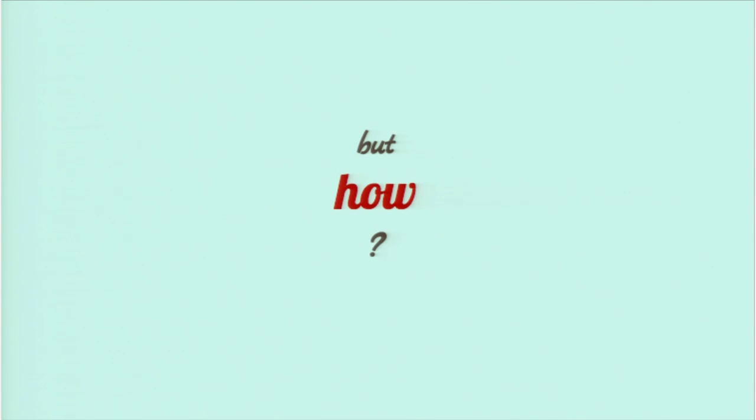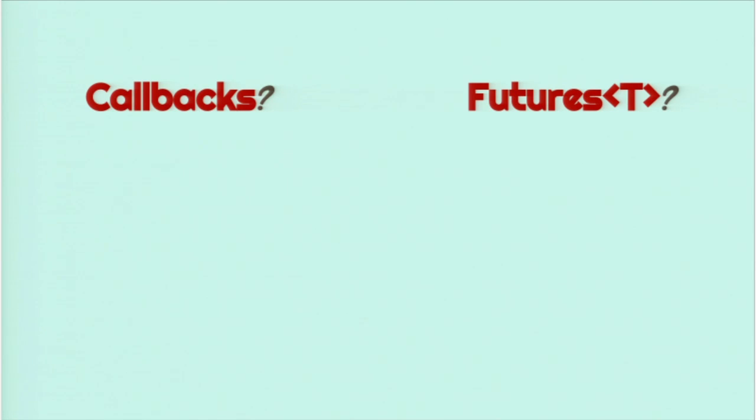So how can we do that? In Java, in the JDK, you have basically 2 solutions to write asynchronous code. You have callbacks and you have futures. Well, you have completable futures in Java 8, but until then, I mean. And both of these have their own problems.